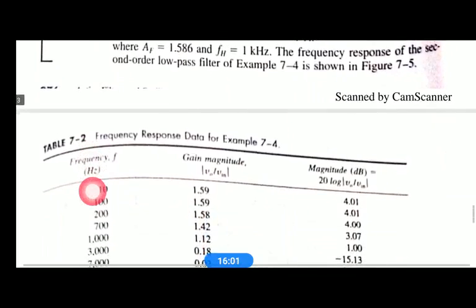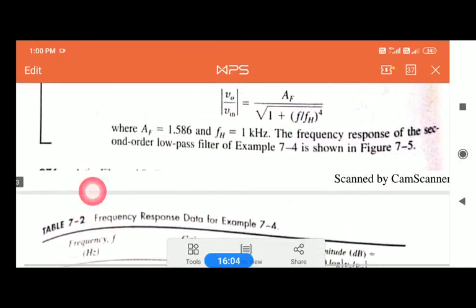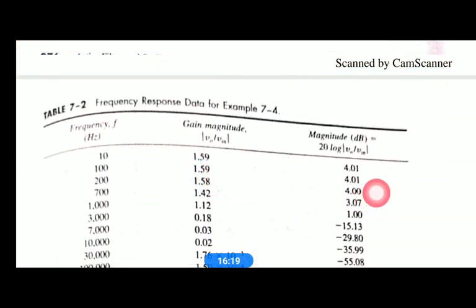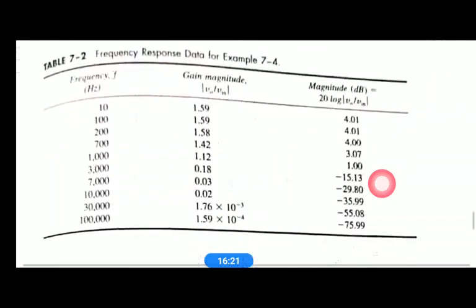Okay, so like that, same thing you do for 100. Use f as 100 here, and fH is 1 kilo. 100 divided by 1 kilo, take power of 4, add it to 1 and take root, and then put 1.586 here and divide both. You will get again approximately 1.59, and the same 4.01 in dB.